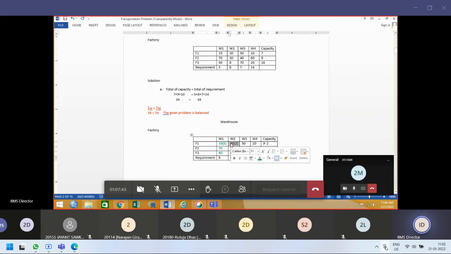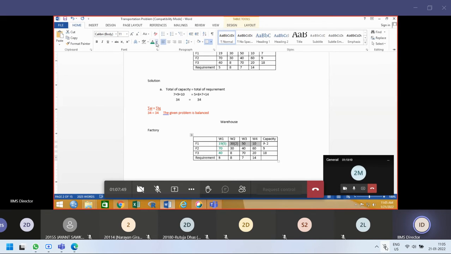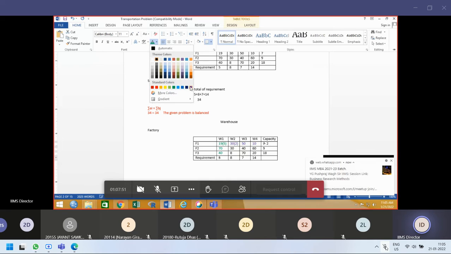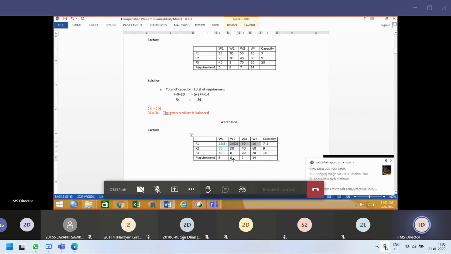So I can block this, right? You can just cross. But out of 8, how much did we allocate to warehouse 2? Warehouse 2 capacity is 8. But out of that, how much did we allocate there? 2 is allocated.